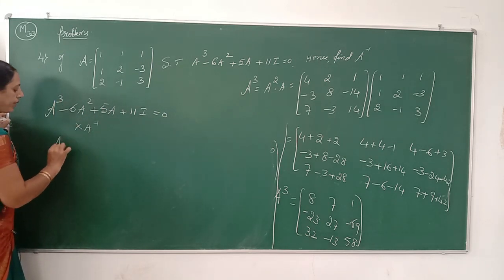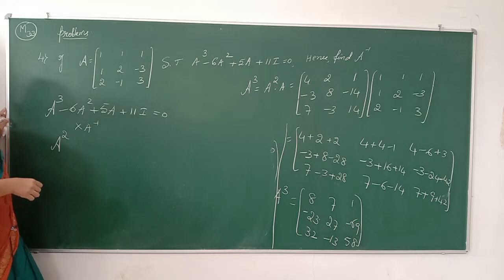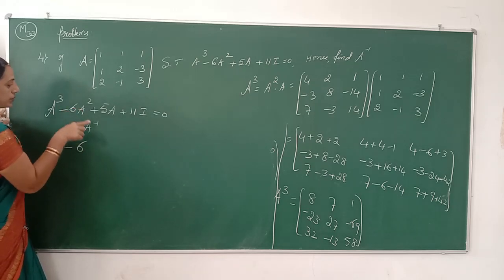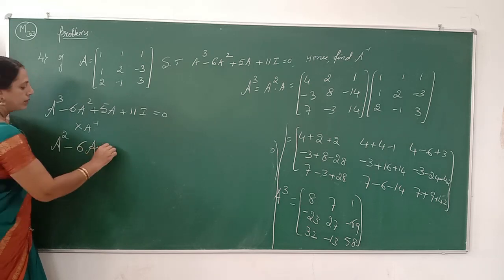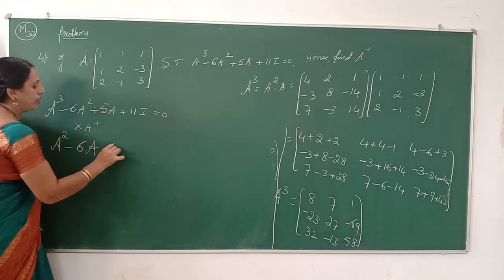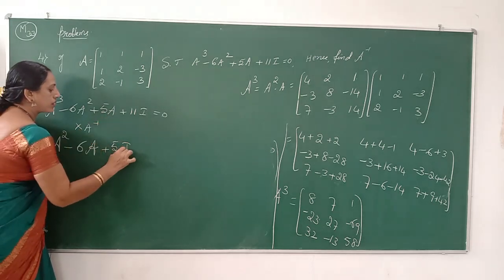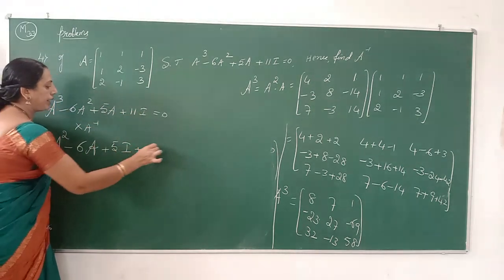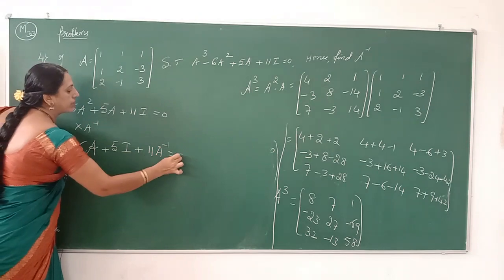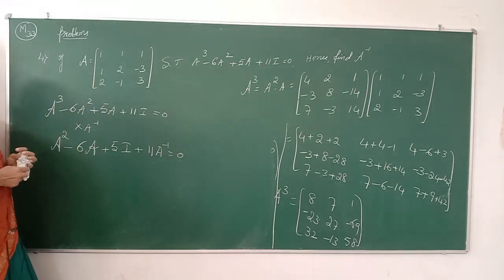A cube into A inverse is A square, minus 6 into A square into A inverse is A, plus 5 into A inverse is I, plus 11 into I into A inverse is A inverse. It will be equal to 0.